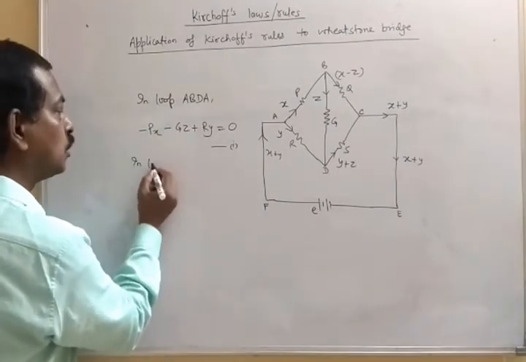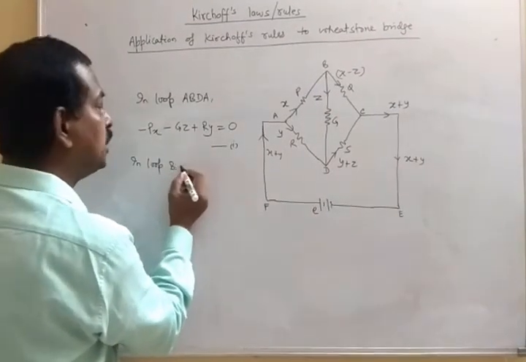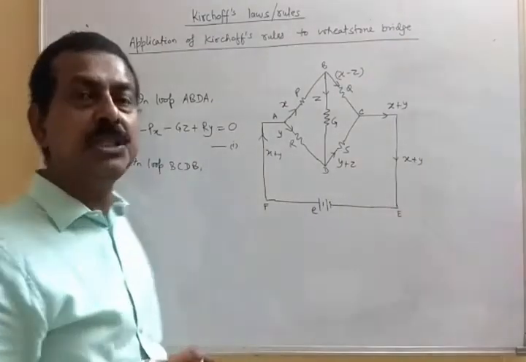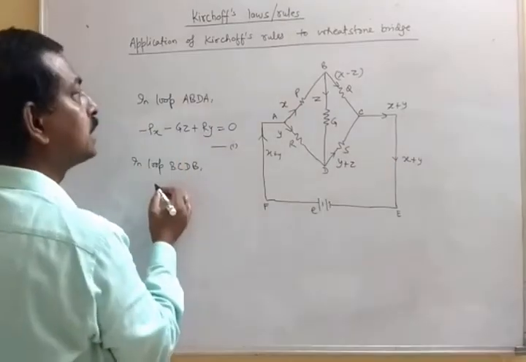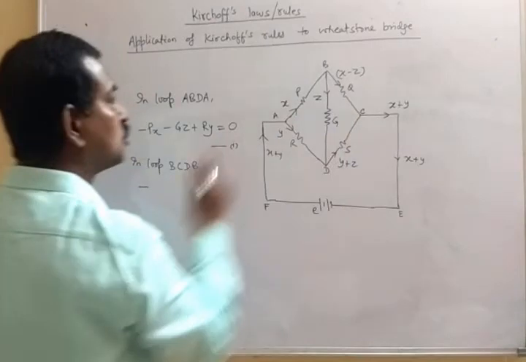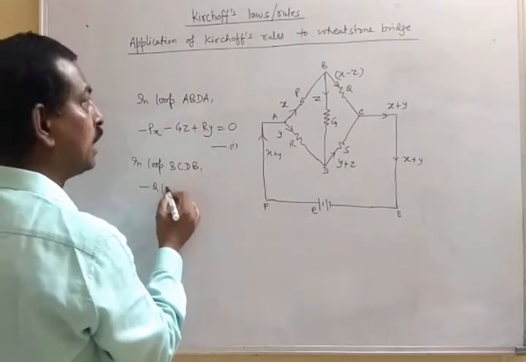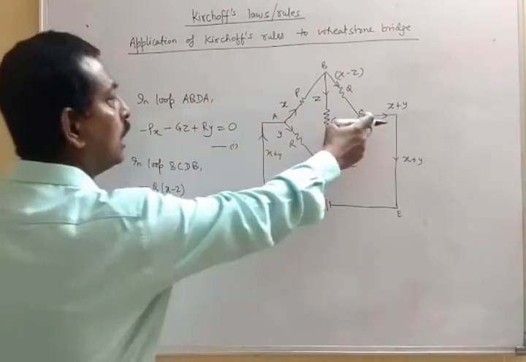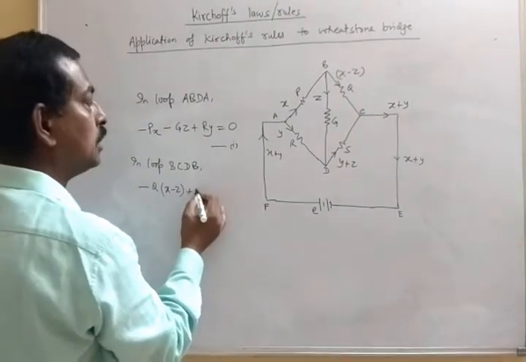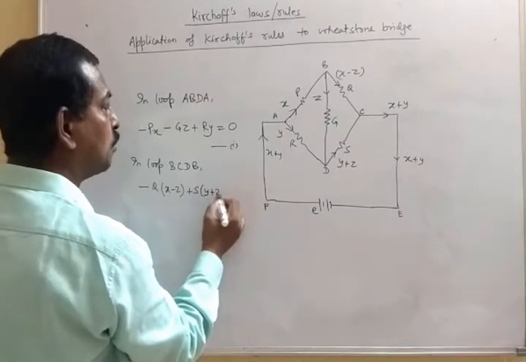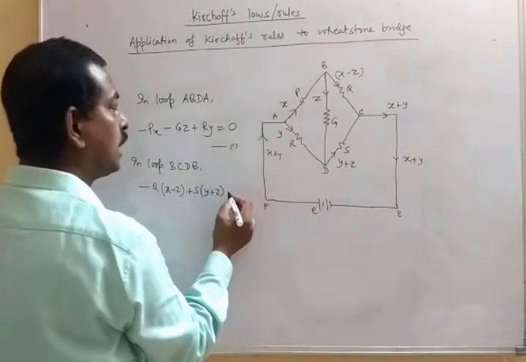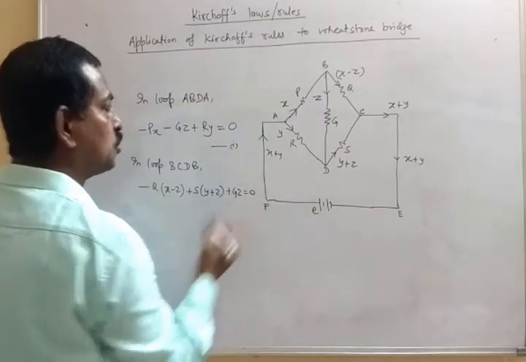Let's take the second loop. In loop BC, DB. If you take the loop BC, DB, in that case, it will be how much? From B to C, we are going in the direction of current, so it is minus Q, X minus Z. C to D, when we are going in opposite direction of current, so it is your S, Y plus Z. And through D to B, we are again going in opposite direction, so it is Gz equals to 0.